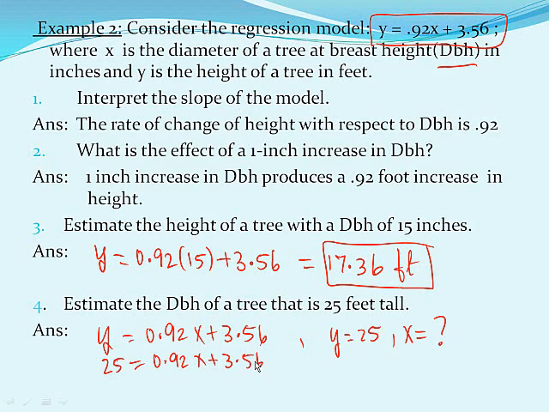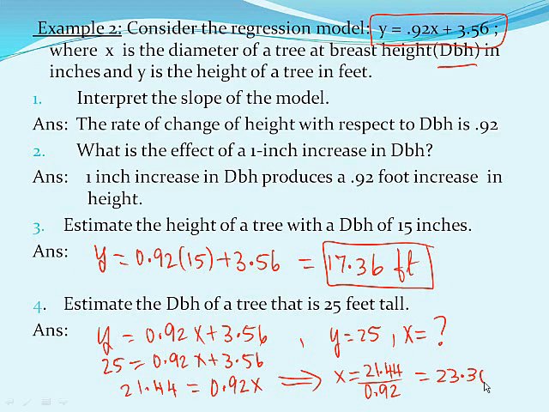Solving for x, we get 21.44. That is subtracting 3.56 from 25. On the other side, we will get 0.92x. So if we solve for x by dividing with the coefficient, x will be equal to 21.44 divided by 0.92, which is calculated as 23.30. Unit will be in inches.